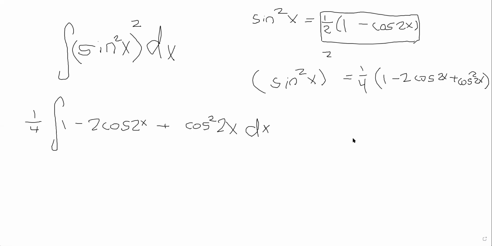The antiderivative of any constant is just 0, right? The derivative is 0, but the antiderivative of a constant would be a single variable. In this case, it would be x. Oh, right, my bad.